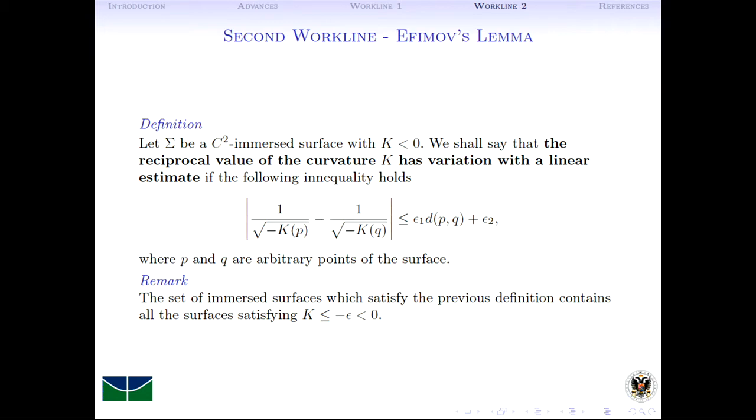If one of these immersions satisfies this condition, it satisfies the other too, just by taking epsilon 1 equals 0. Then this condition is stronger than this one. From now on, we are calling this condition the Efimov strong condition.